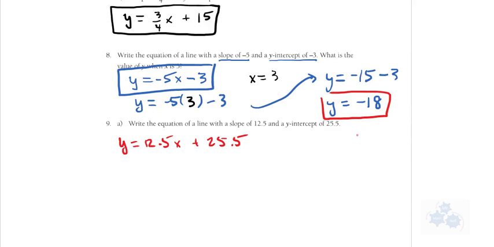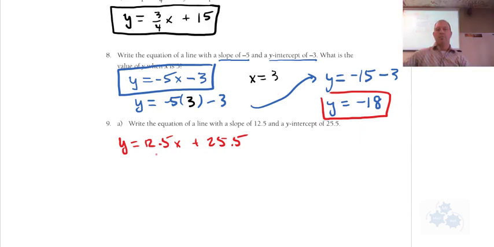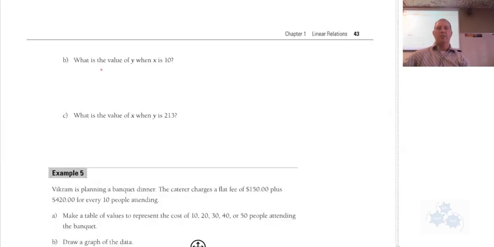Okay, so for number 9a, this is your equation. 12.5 is your slope, and 25.5 is your intercept. For b now, what's the value of y when x is 10? Well, if we have y equals 12.5 times x, let's substitute 10 in for x. Now, is that the right equation?